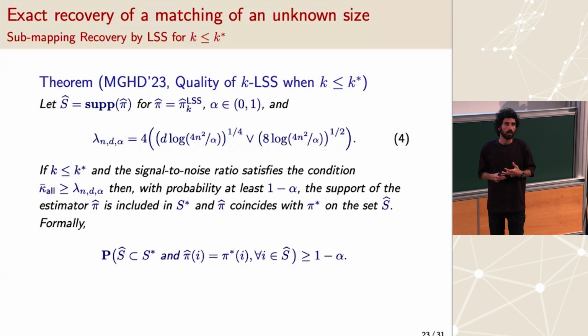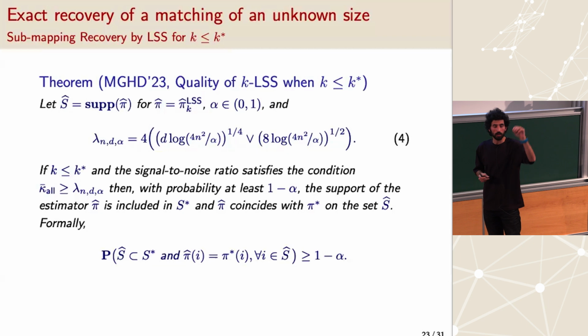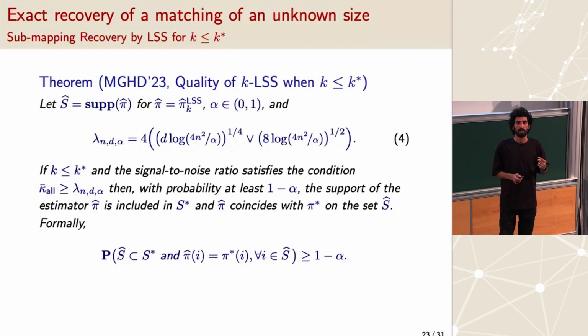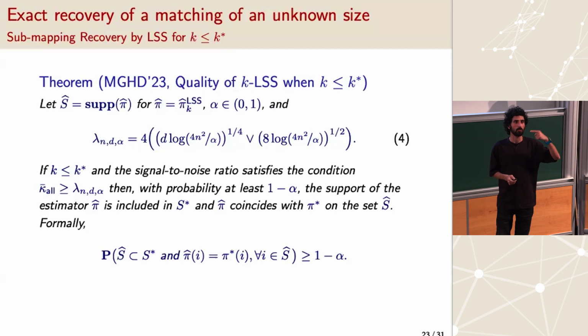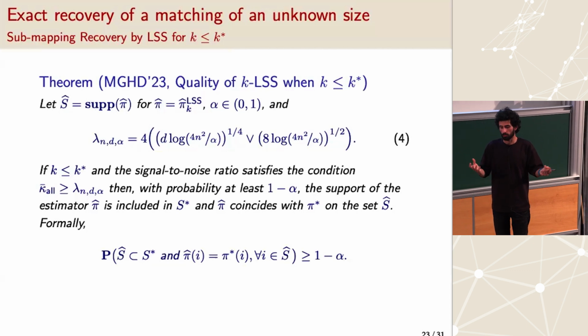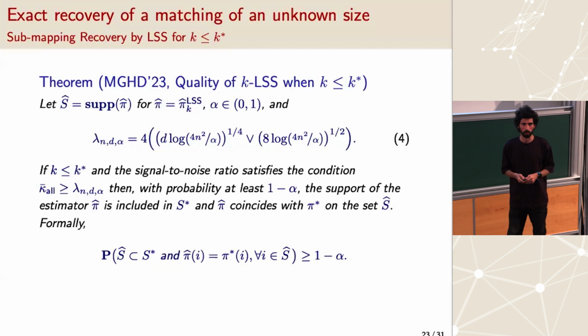So for example, we're trying to match the key points of two pictures. We can always take k equals 1, because at least one point should be matchable, but assume that we know that, I don't know, 50 of them at least have their matching points.